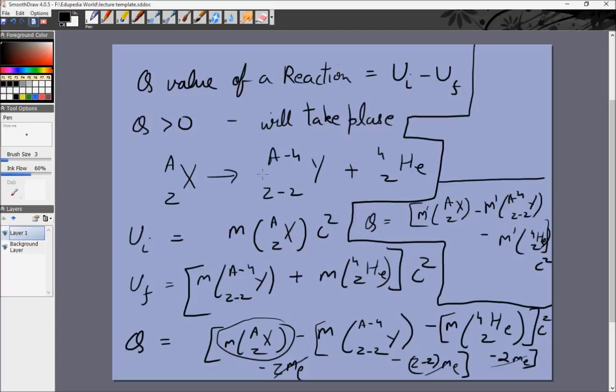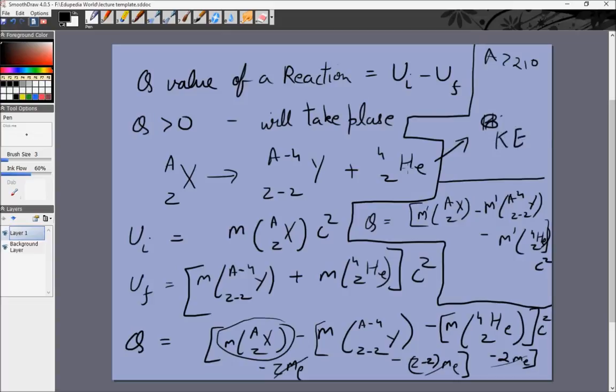Now, since generally this takes place when A is greater than 210, that means even A minus 4 will be much greater than 4. So the mass of the daughter nucleus is much larger than the mass of the alpha particle, and we assume that because the daughter nucleus is so heavy, it does not move appreciably, and all the kinetic energy is given to the alpha particle.